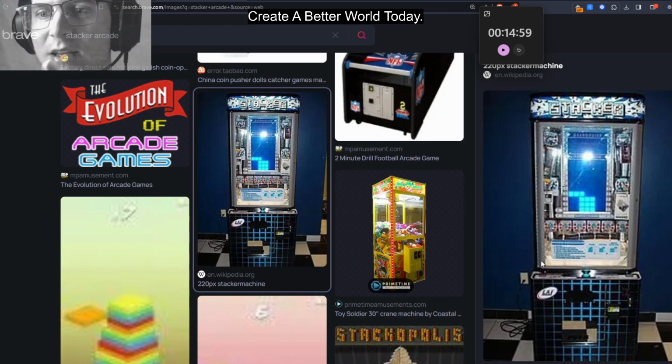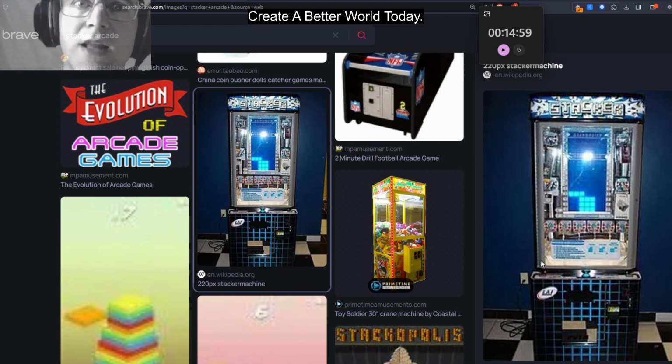The prizes were like $300 prizes, like a PlayStation 3. I think I won an iPad and something else. But the point is the machine's got an algorithm or a setting that will only allow you to win at certain times.